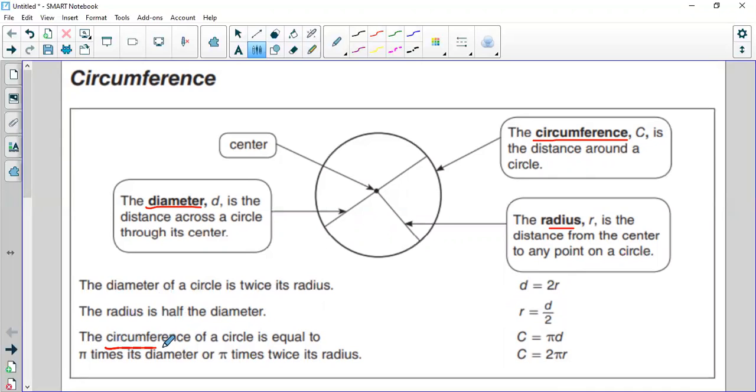Circumference, that distance around the perimeter of the circle, is equal to pi times the diameter, or pi times twice its radius, where twice means times 2. So if you're given a diameter, you can do pi times the diameter. If you're given a radius, you can do 2 times pi times the radius.